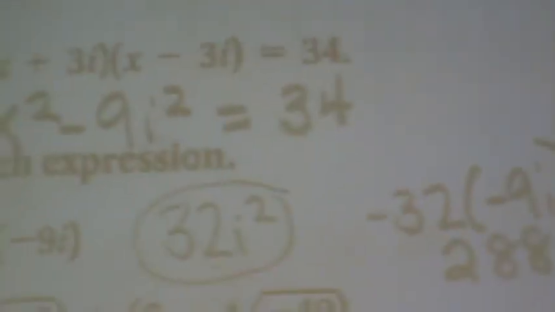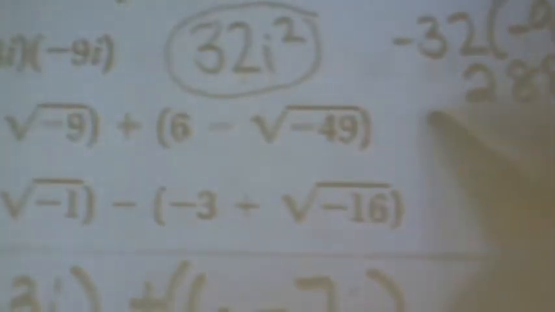For 50, you're going to change negative 9 to 3i, so 4 plus 3i, and then plus 6 minus 7i, you get 10 minus 4i. So this is 10 minus 4i. Add like terms.